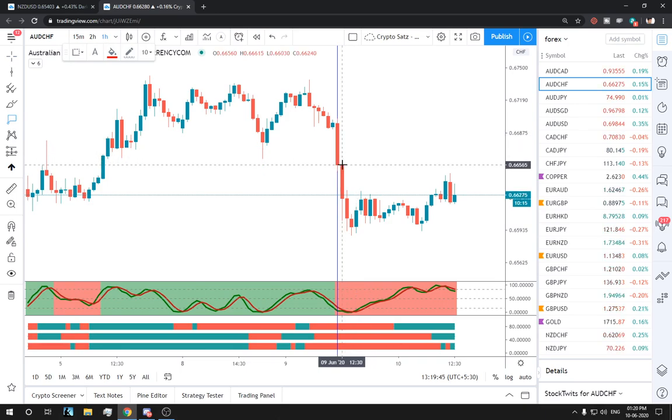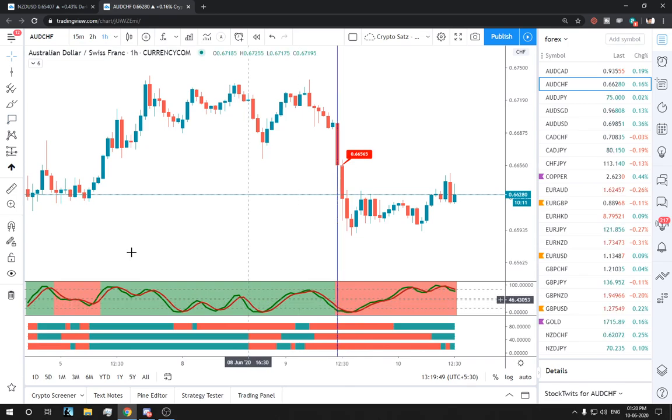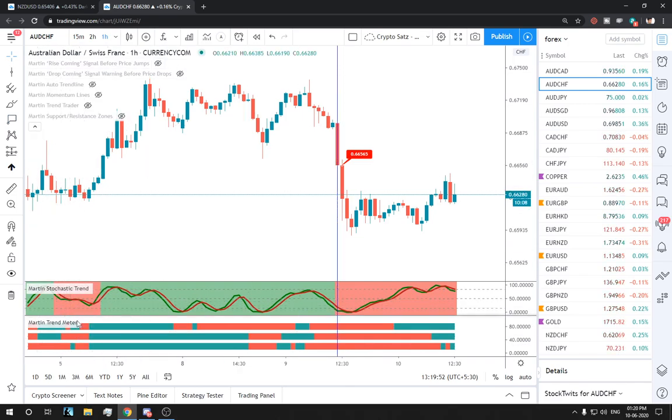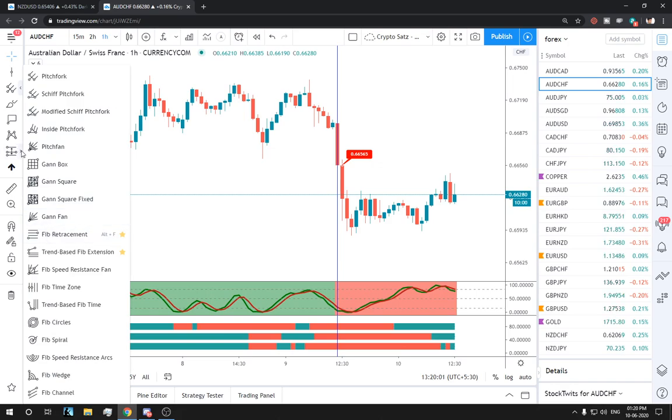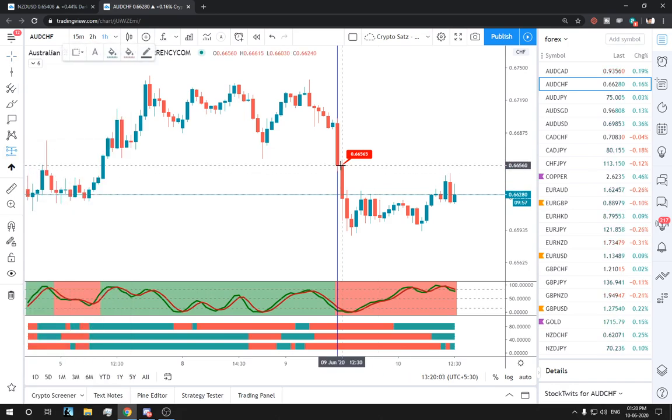We had a short over here because in this case we have Martin stochastic trend red background, Martin trend meter 3 bars red, which is a valid short signal, and we short and we take the stop loss as previous structure's high. From there we take a 1-to-1 ratio for our targets.